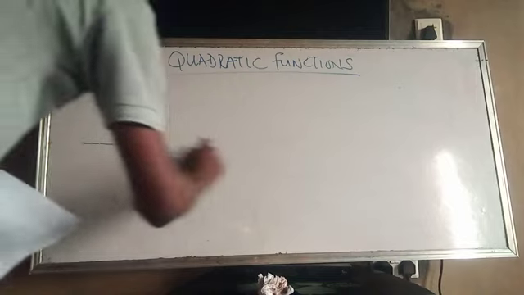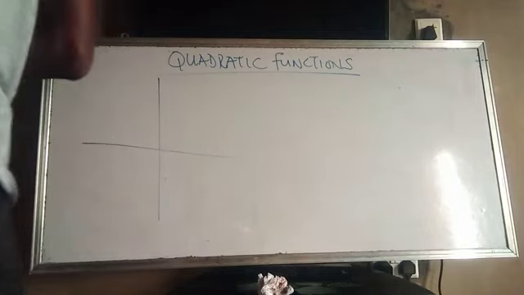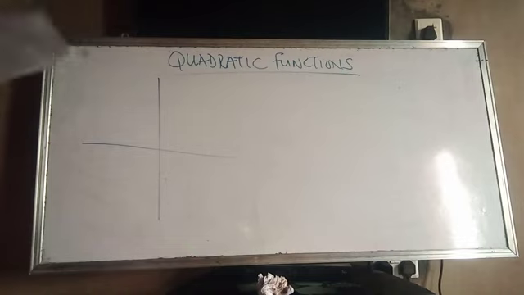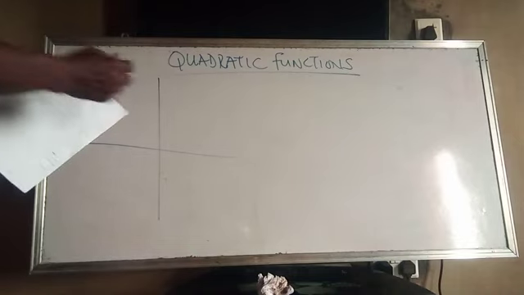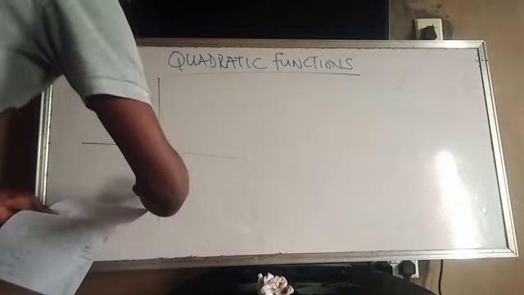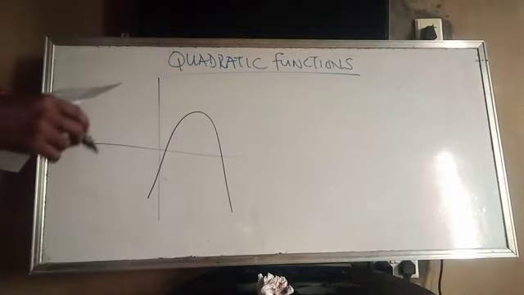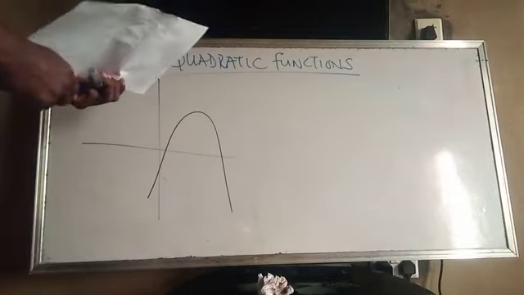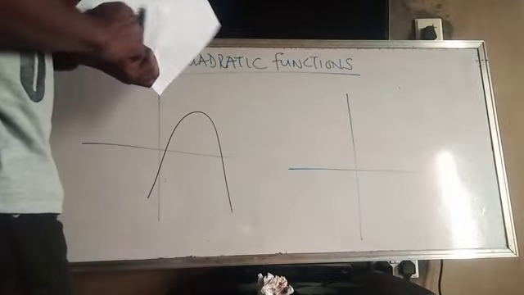Y is the y-axis and this is the x-axis. So let's have something like this. Yeah, that's the first one. That one looks like a cup upside down, but the next one will look like a cup.